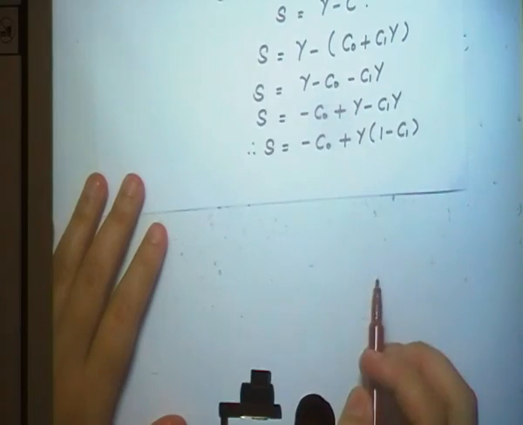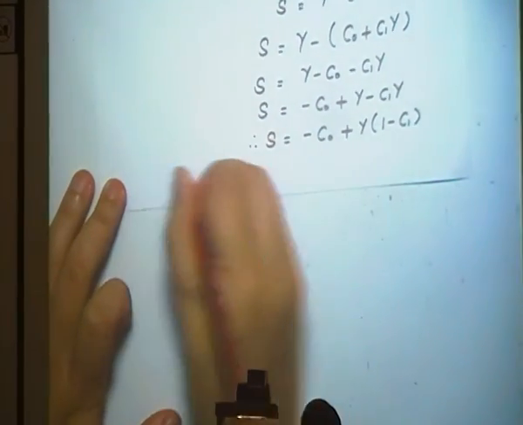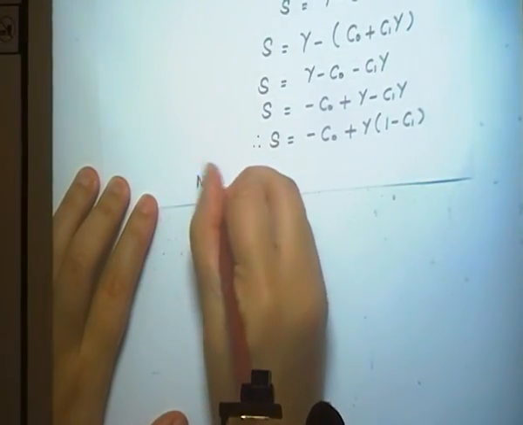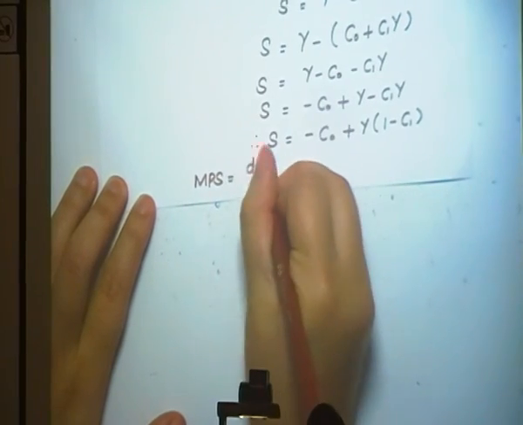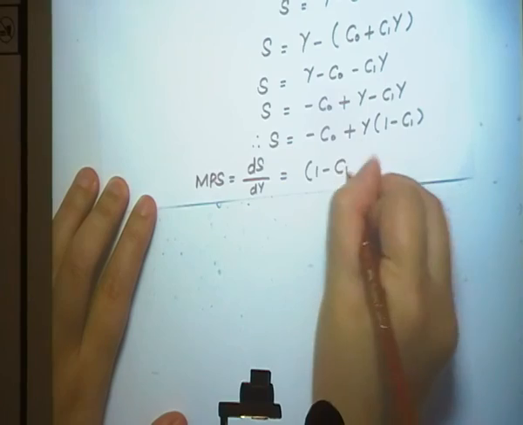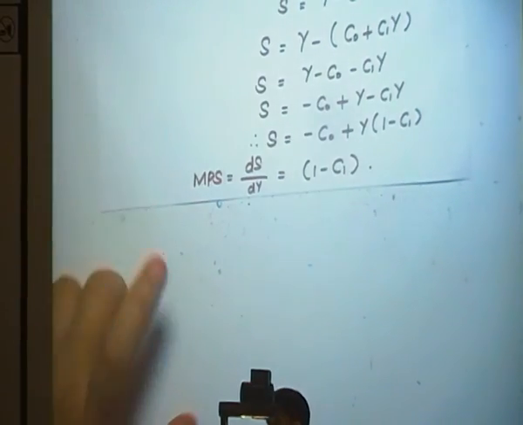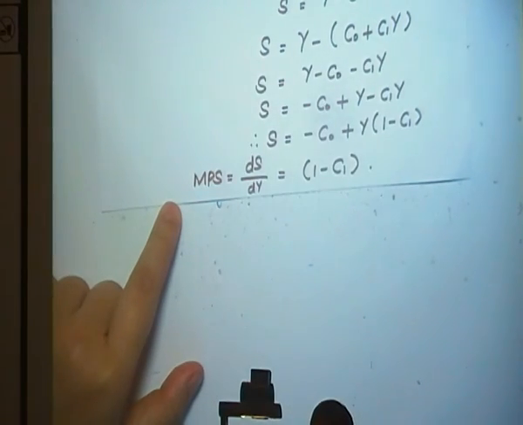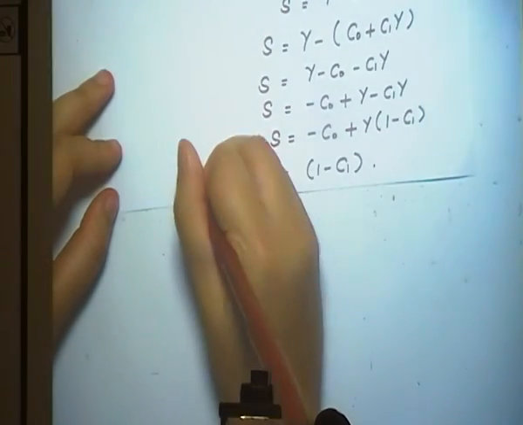And look at this. What is this here? 1 minus C1. If you look at this, your MPS, which is S over Y, is 1 minus C1. This is known as your marginal propensity to save.